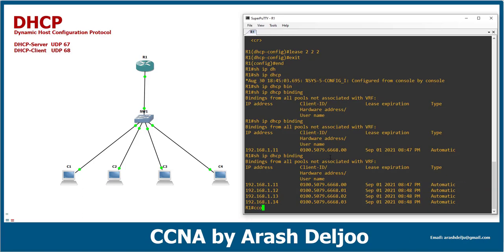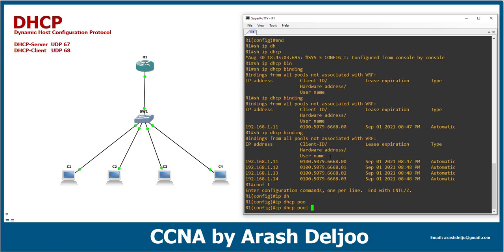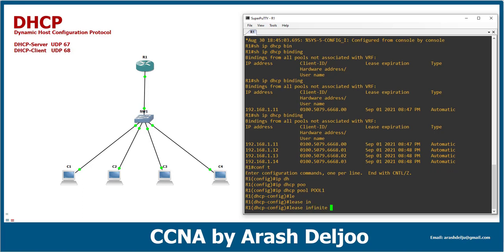If you configure ip dhcp pool, and then for example pool1, okay, assume that here we are configuring the lease with infinite. Lease infinite means this IP address is now assigned, for example, to one system, and this is forever. The system doesn't need to renew its IP address.